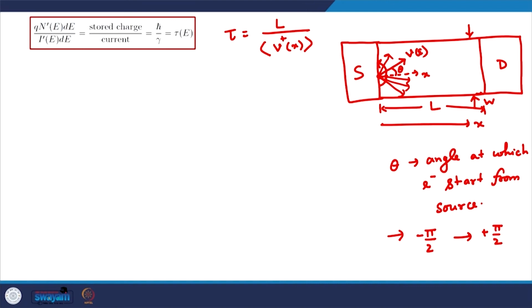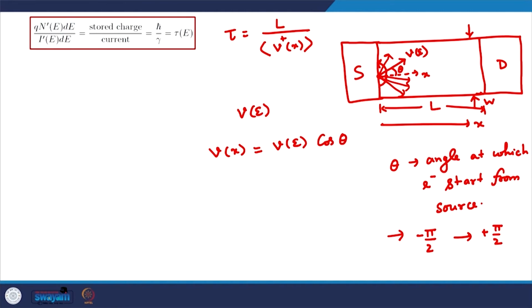Okay. So, if v e is the velocity of the electron in a direction at angle theta from the x direction, then the velocity in x direction will be v e cos theta.